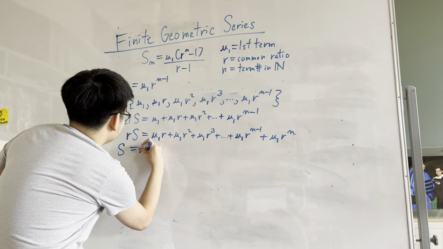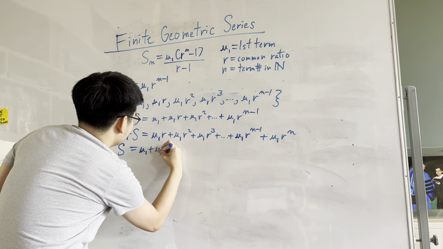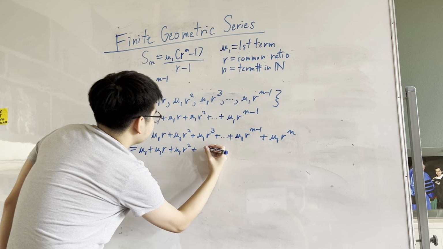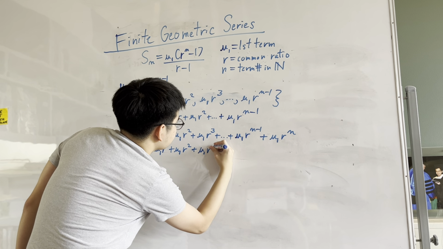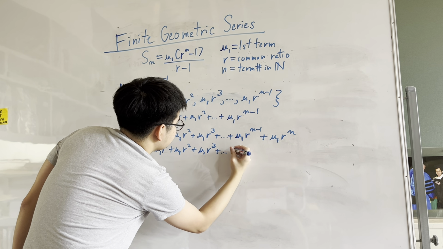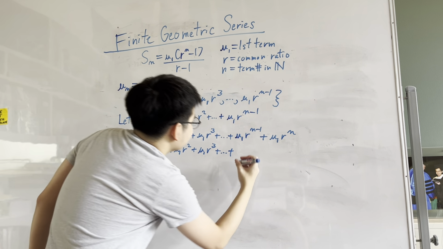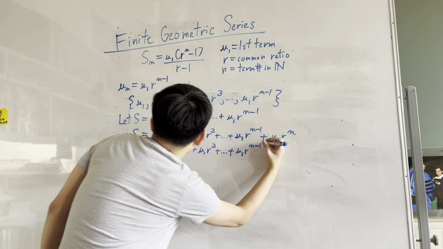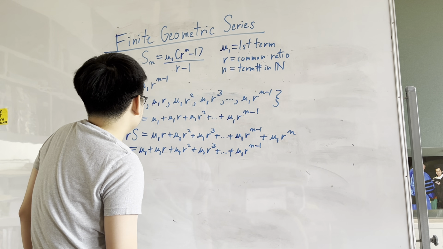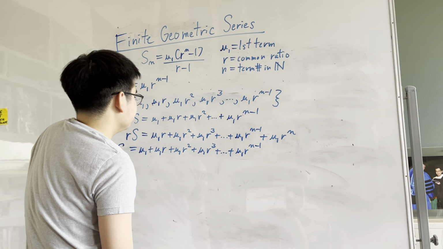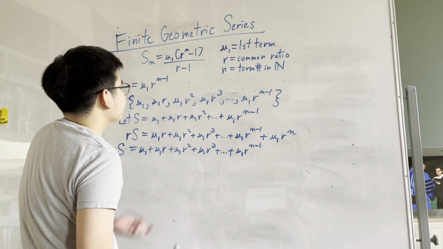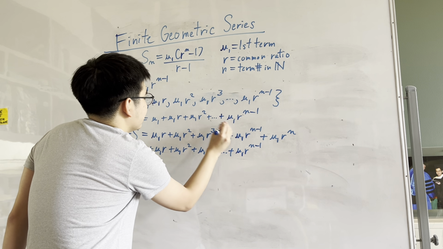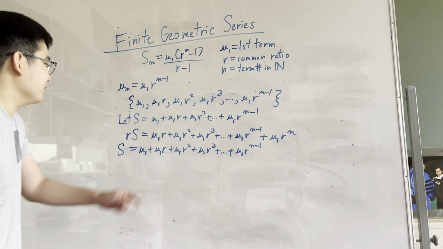You'll see why. u1 plus u1 r plus u1 r squared plus ... u1 r to the n minus 1. Yep, that's the original thing we have there. So I expand it out over here. This is just this term expanded over here.